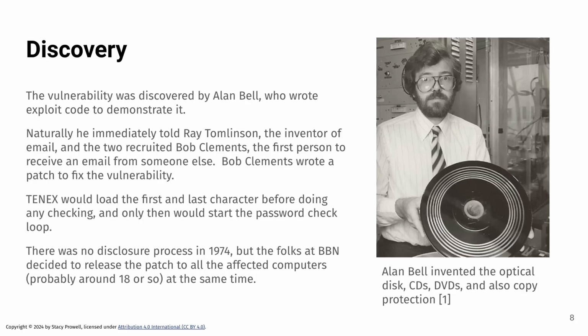So how would you address this vulnerability? Well, he thought about it and he said, the problem is that the password can be across these two pages, and you can then tell if the first character was right because only then is the second page accessed. So what I'm going to do is have the program look at the first character, but not check it, and look at the last character, but not check it.